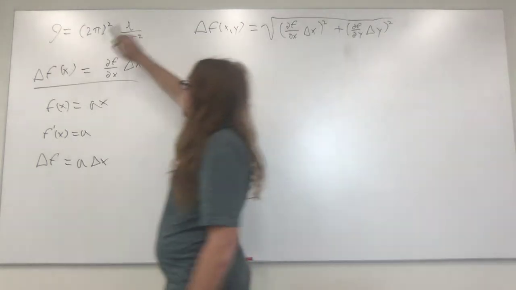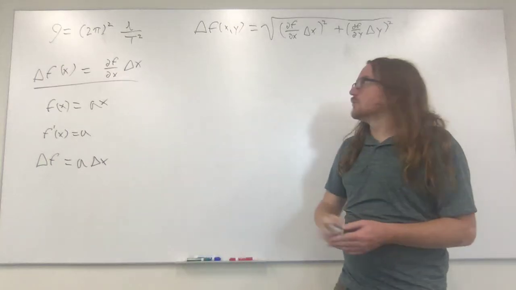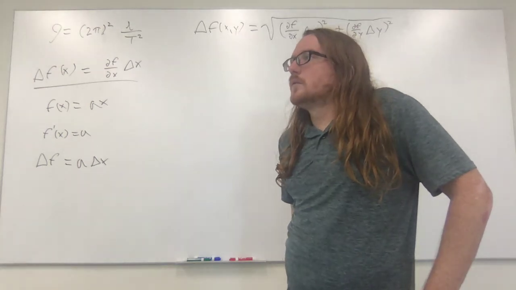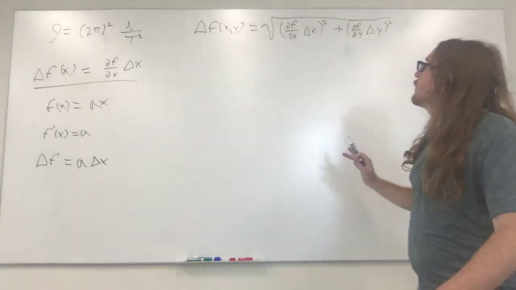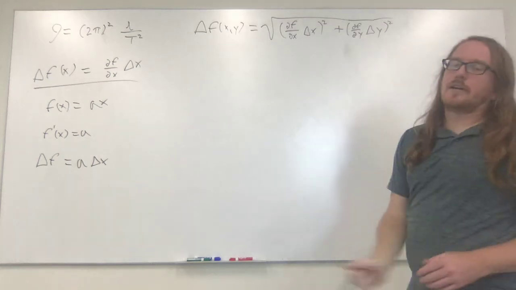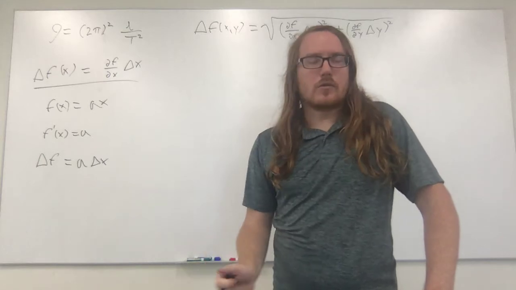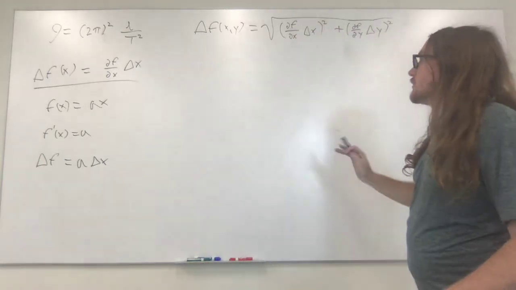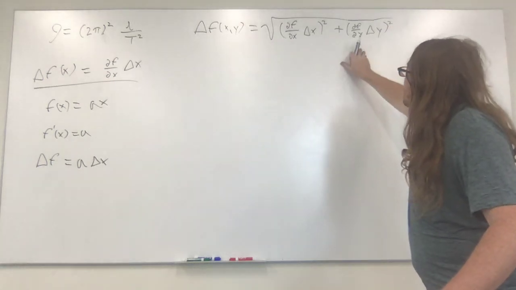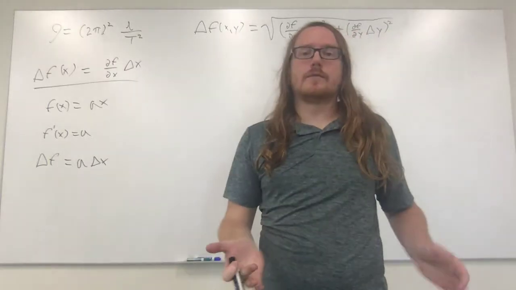Then the uncertainty in g would be covariant with these, because we've used them directly to calculate it. So I just wanted to point out that you do have to be careful about this. If things are covariant, there's a whole other process you need to go through where you figure out the covariance of each interrelated term. But usually this will suffice because you'll have independent variables.